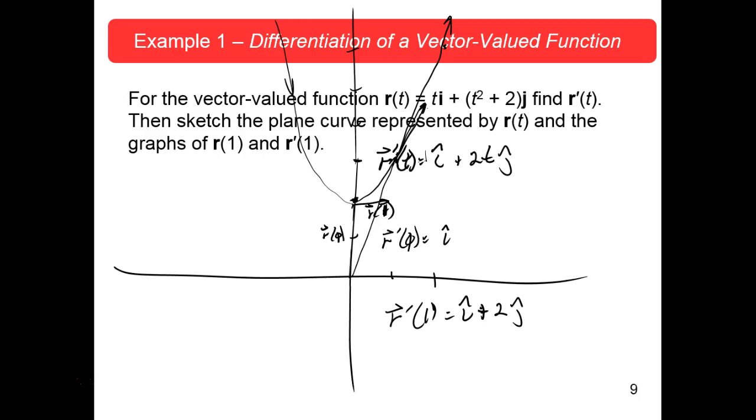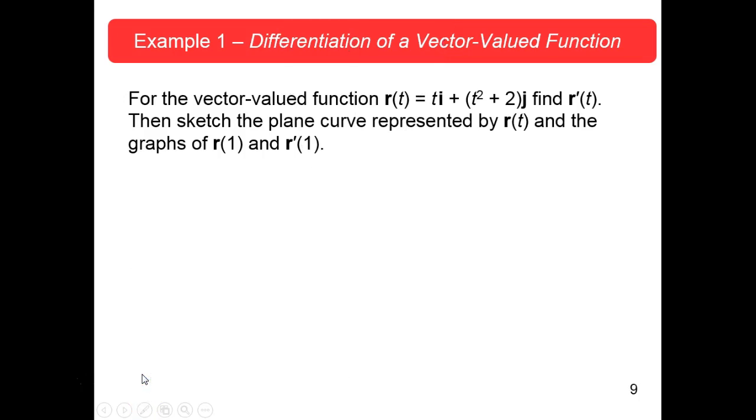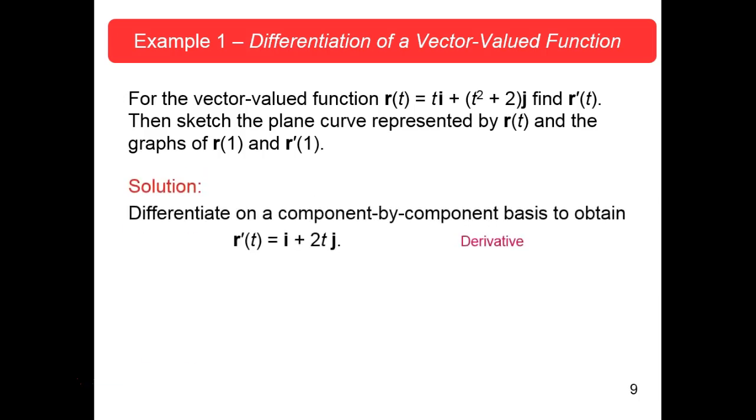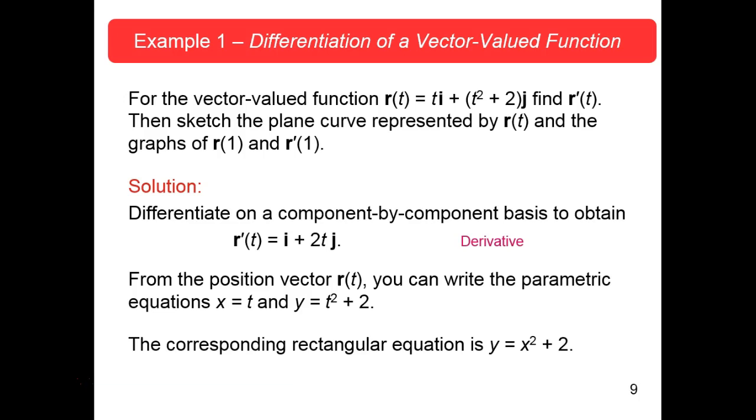All right, let me erase this scratch if y'all are okay with it. Okay, and let's see how they do it. Differentiate on a component by component basis. From the position vector, you can write the parametric equations x equals t and y is equal to t squared plus 1. The corresponding rectangular equation would be y is equal to x squared plus 1.